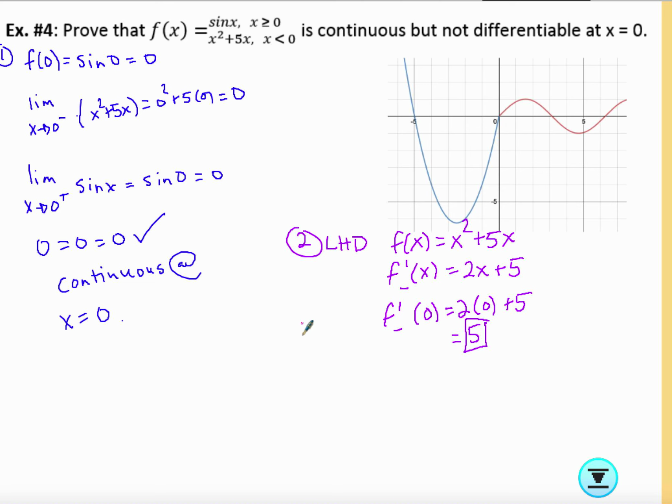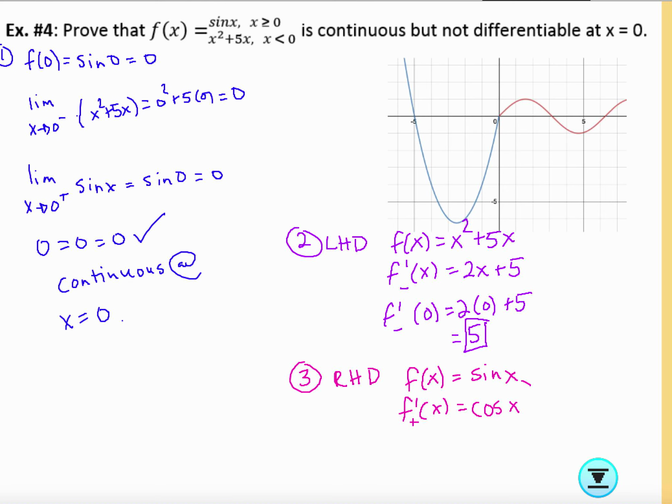Now let's check it out from the right. On the right, that's where x values are greater than or equal to 0. So we're going to use f of x is equal to the sine of x for the right-hand derivative. I'm just going to calculate that derivative. I'll put a little plus sign underneath so we know that we're talking about the right-hand derivative here. And the derivative of sine is cosine.